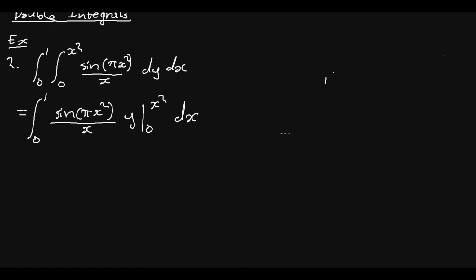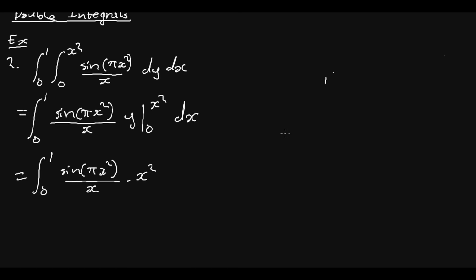Okay, so therefore we have 0 to 1. I can see we will get the x squared there, so it will be sine of pi x squared over x. Apply the limits.